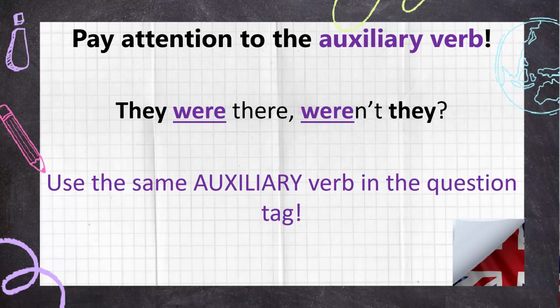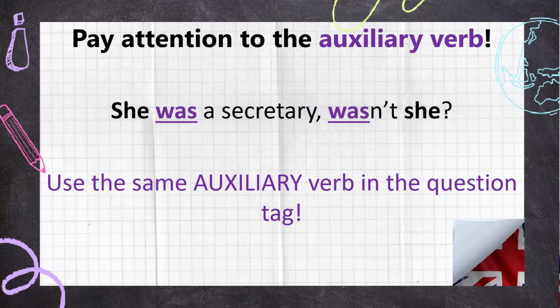So we have to use the same auxiliary verb in the question tag. She was a secretary, wasn't she? You can notice we use the same auxiliary verb. It is underlined and it's purple. Was.